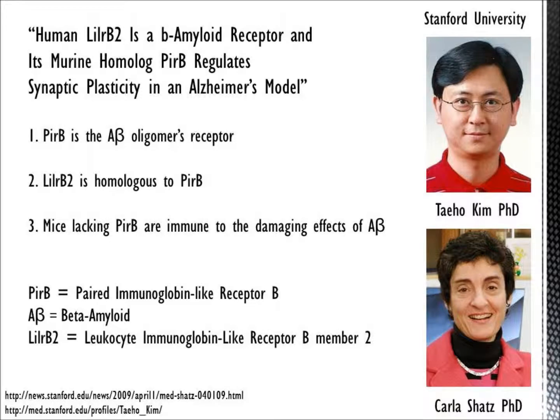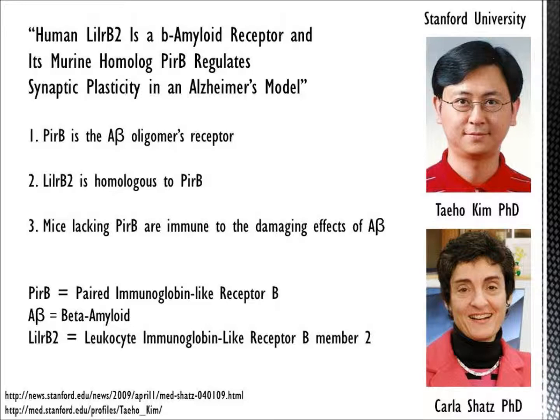The research paper we are about to introduce is written by Kim T and colleagues at Stanford University, which was chosen as the focus of our presentation because it specifically identifies one of the possible receptors that beta amyloid binds to in order to create plaque on the neuron synapse. This paper suggests a different approach to understanding the cause of Alzheimer's after discovering a new element in the beta amyloid pathway, a murine membrane receptor PIRB, or paired immunoglobulin-like receptor B. We're going to divide the explanation of the research paper into three major parts, including the results and a discussion for each part.